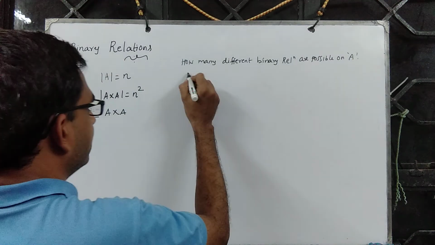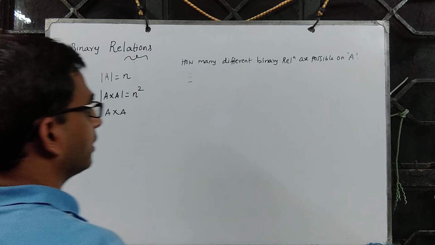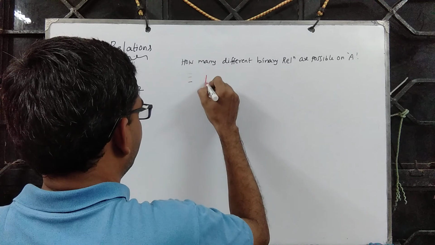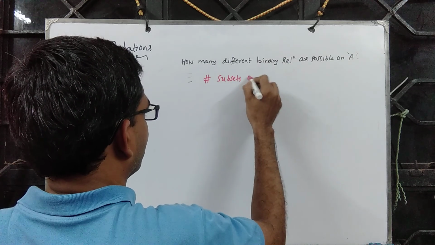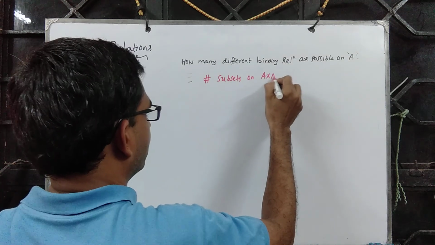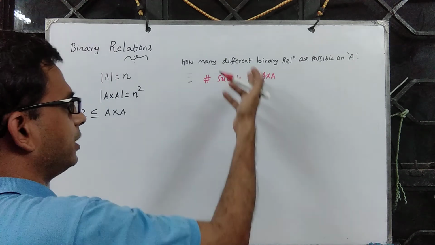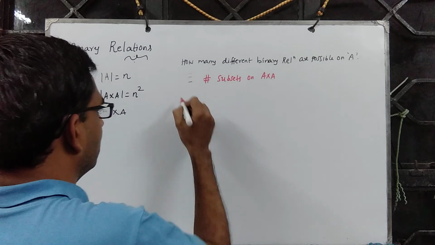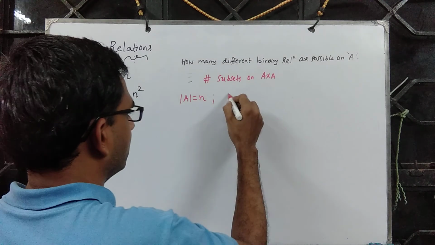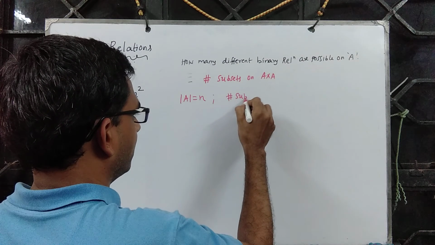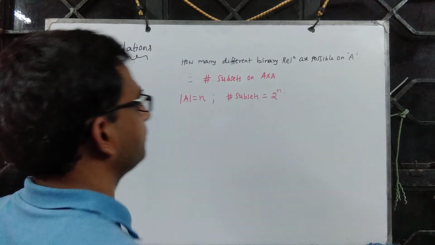Answering this is equivalent to answering the number of subsets on A cross A, because each subset is a binary relation. So counting this is equivalent to counting this. If A has got n elements, then the number of subsets is 2 power n.